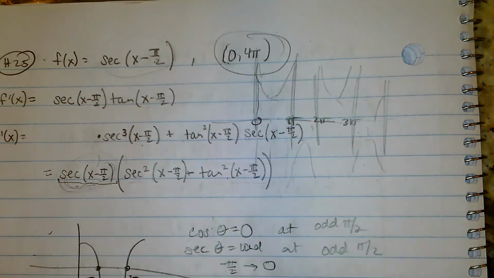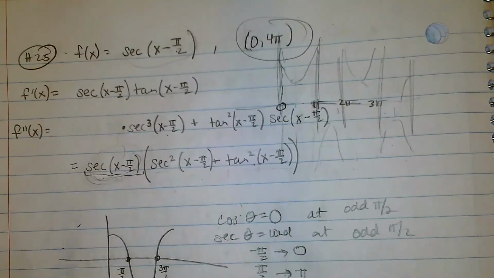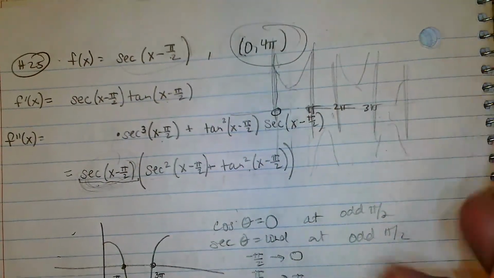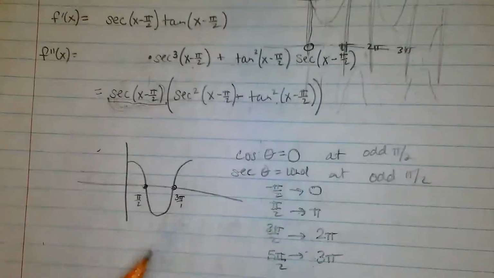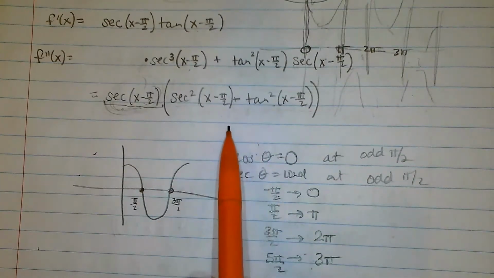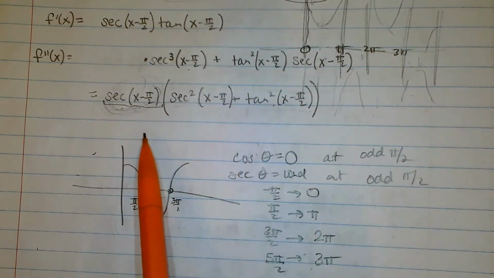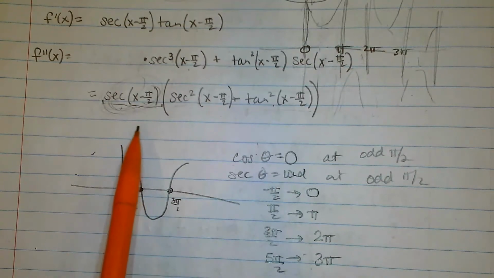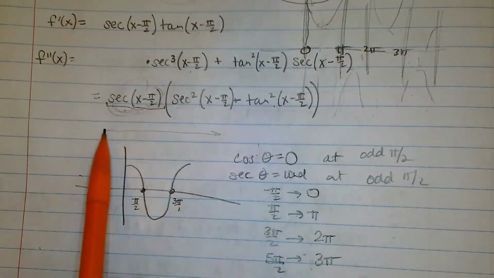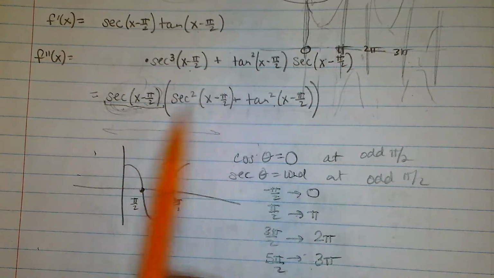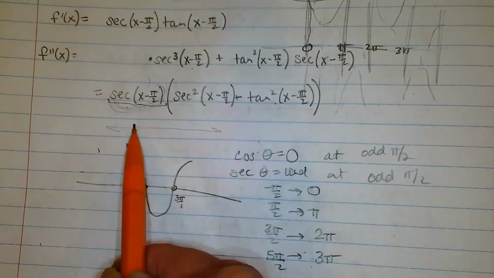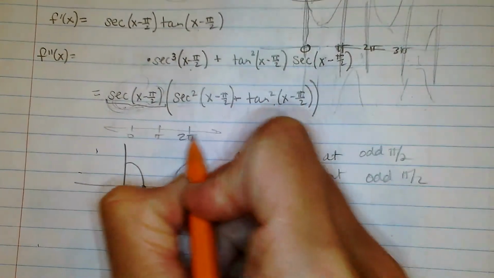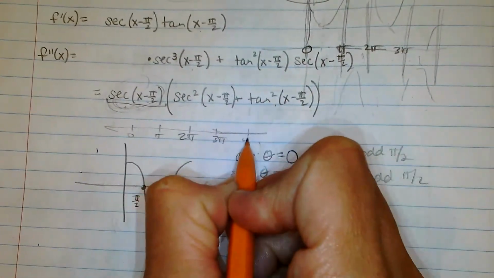It's easier there to just know and have faith in your graphing abilities than it is to do a sign chart here. I mean, I'm not even sure what that would look like, and I don't want to take myself down that path, because when you do your sign chart, you're just going to be testing in and around 0, pi, 2 pi, 3 pi, and 4 pi.